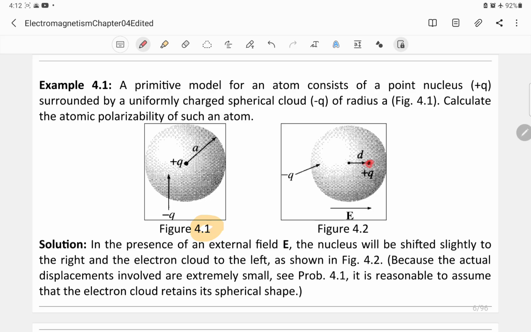Since we only have a very weak electric field around here, we assume that the electron cloud stays spherically symmetric.